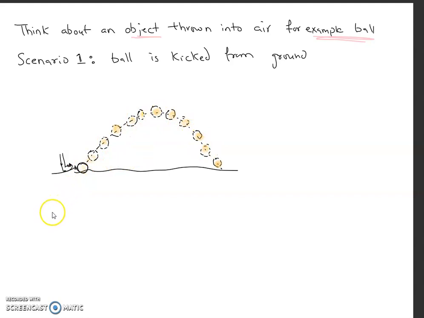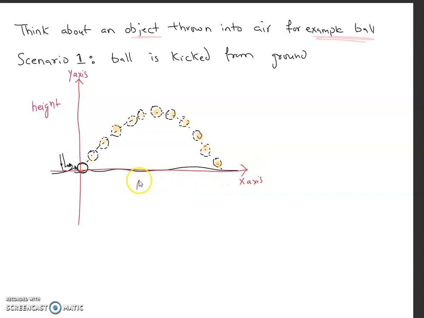The ground acts like the x-axis here, and the height we throw it up in the air is like your y-axis. So this becomes the height, and the x-axis can be either the time or the distance going horizontally.